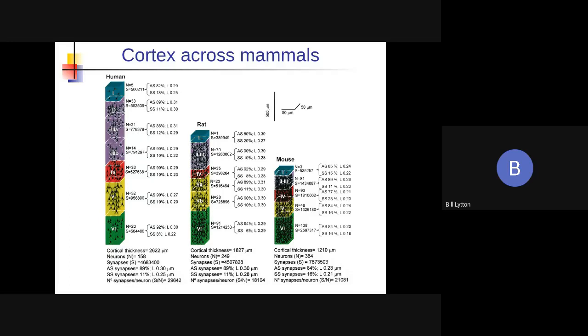Layer 4 would be the layer where sensory cortex would receive inputs from thalamus, core thalamus in this case. There is also a layer 4 in motor cortex. It was discovered by Gordon Shepherd Jr. It's not the same shape of cells, but it's the same properties of cells and the same connectivity.